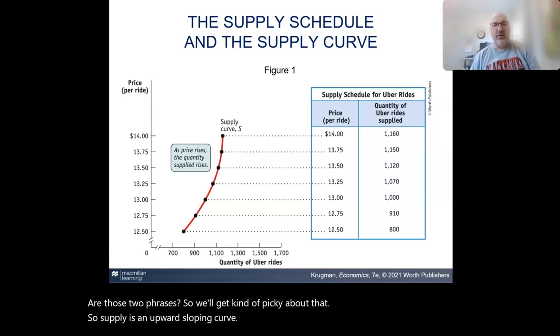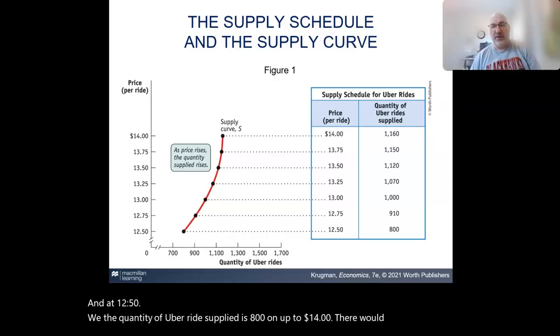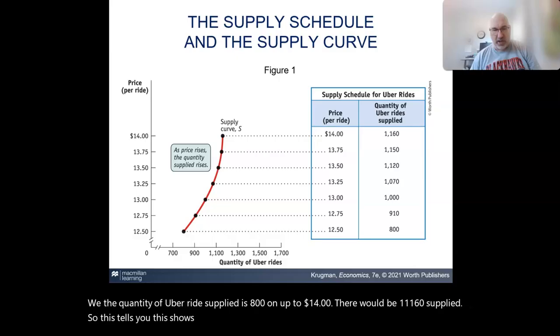So note here, we are looking at Uber rides, and at $12.50 the quantity of Uber rides supplied is 800. On up to $14, there would be 1,160 supplied. So this shows you the whole idea.